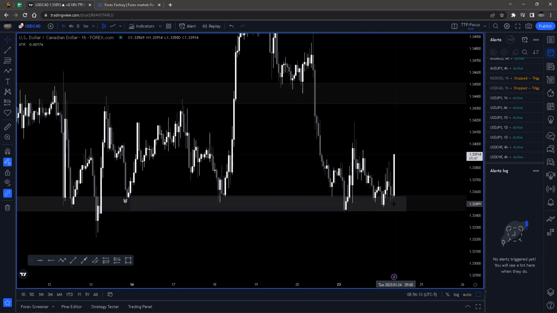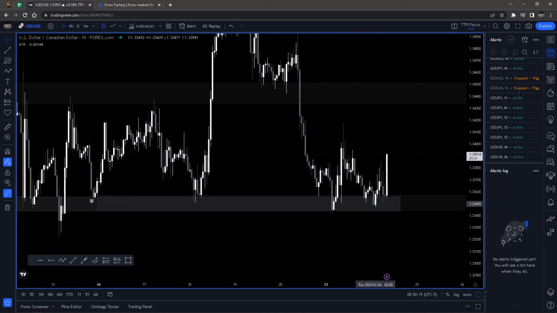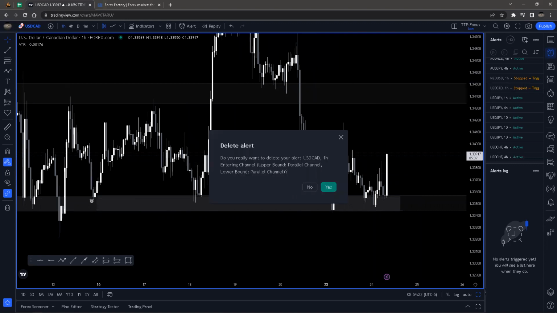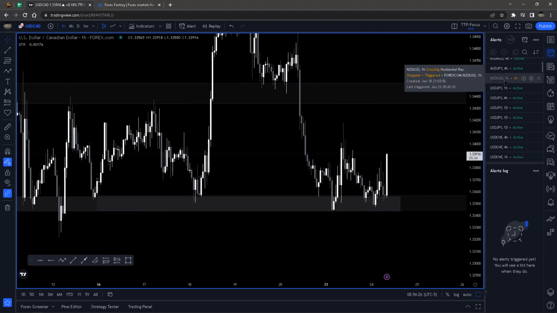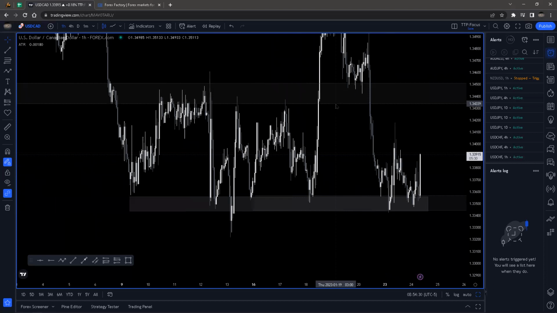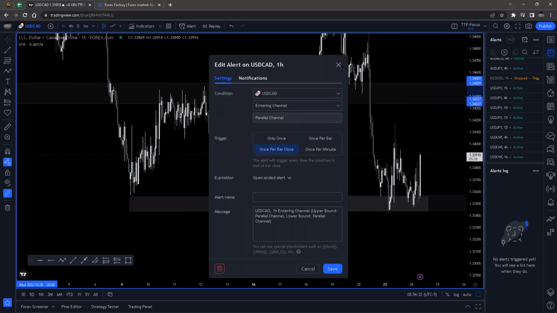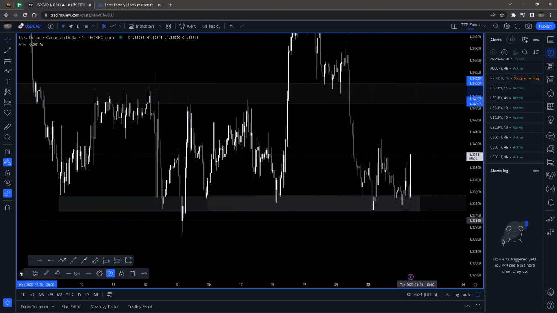So it could have gotten in, maybe might have hit targets depending on what this looks like. But yeah, nothing there. Well, there is something there, but nothing that looks doable. Now we're just waiting for price to come up into this zone here. 1 hour zone there. Let's put this zone back on there.